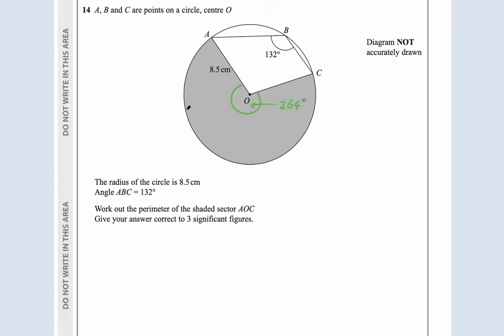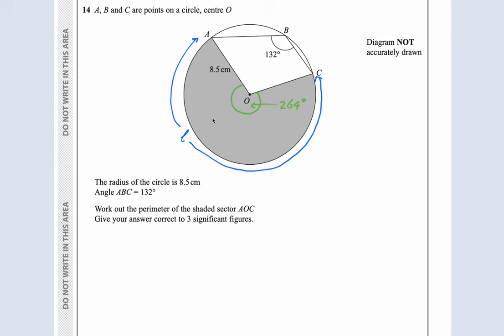Length of the arc, so I'm going to call this L for length of an arc. This is from A all the way to C in this direction. So I'll actually just clarify that it's this. Oops, it is this, all the way to here.